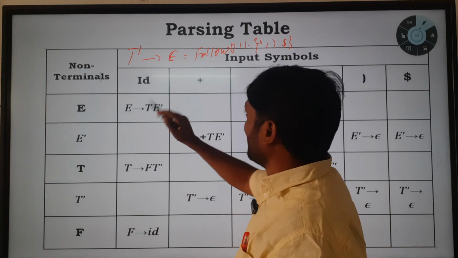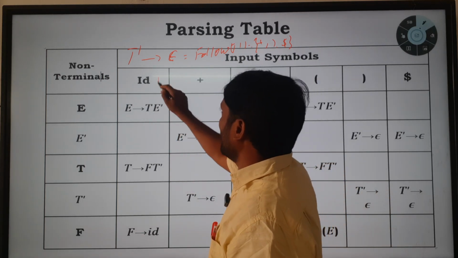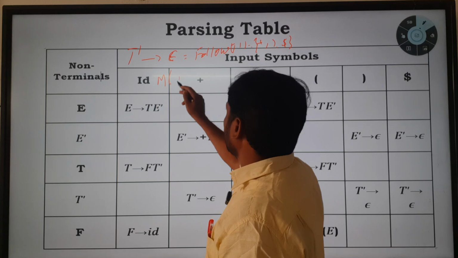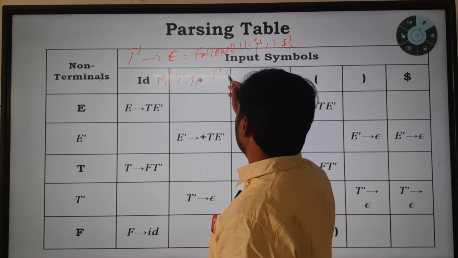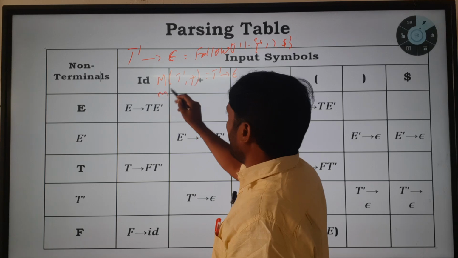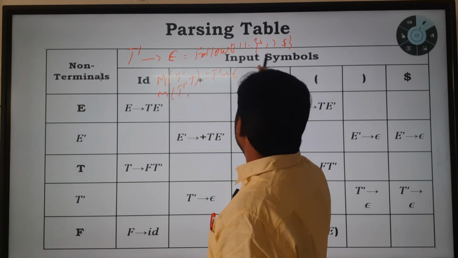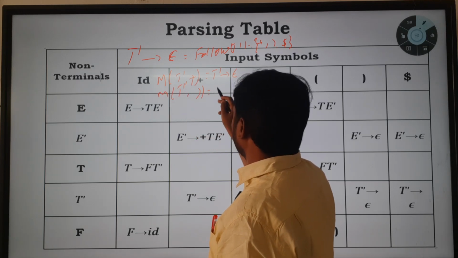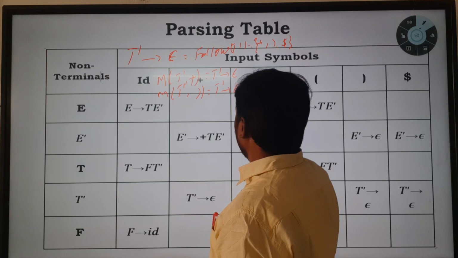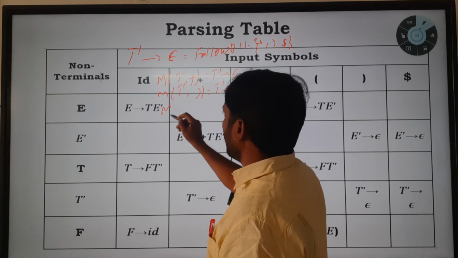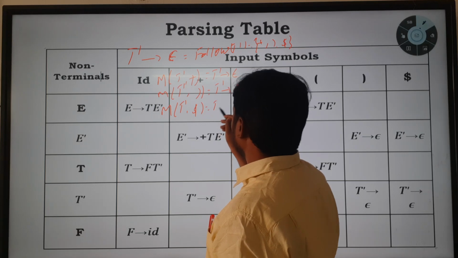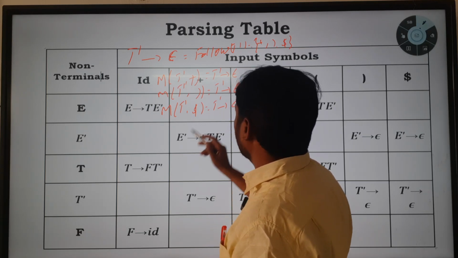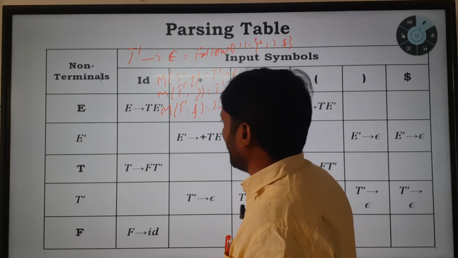That means we are going to create the entry table: M of T' comma plus can be filled with T' derives epsilon, and M of T' comma close bracket can be filled with T' derives epsilon, and M of T' comma dollar can be filled with T' derives epsilon, that is plus, close bracket and dollar.